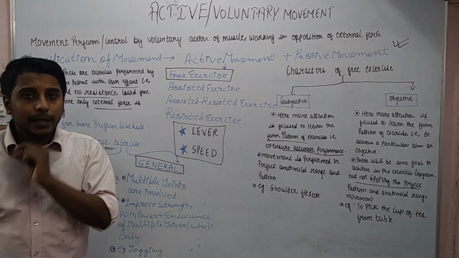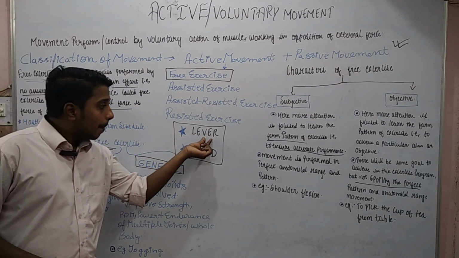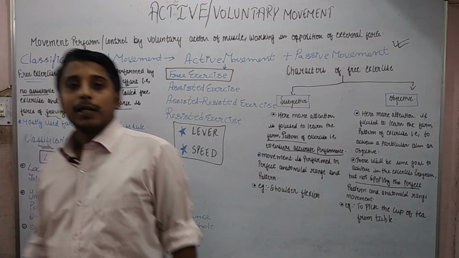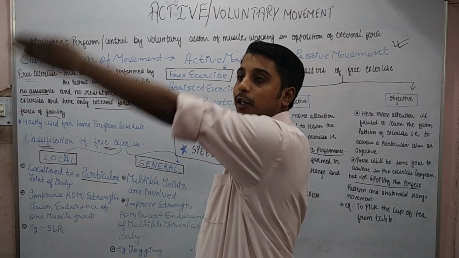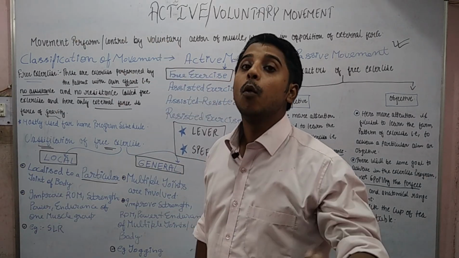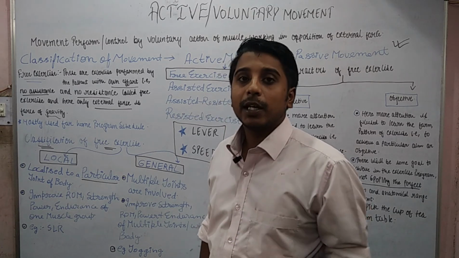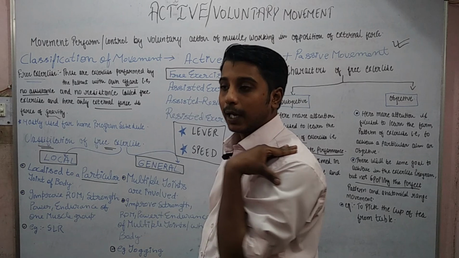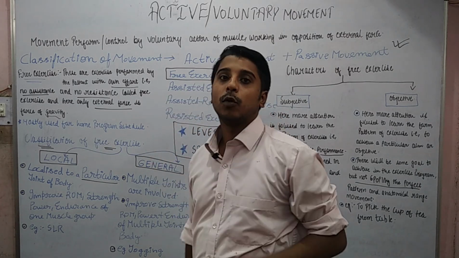In lever you need to understand that if we use a short lever activity, for example this is long lever shoulder flexion, this requires more effort, and if the patient is weak, we can add short lever shoulder flexion.